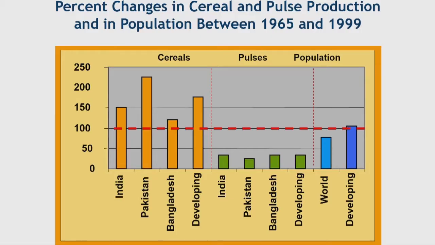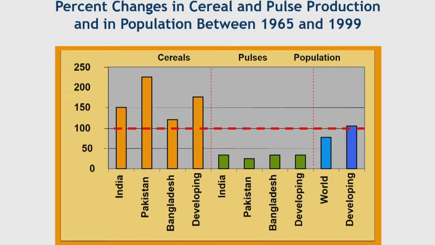So I want to talk about what's been happening in agriculture, what's been happening to food prices over the last 50 years. If you see this diagram here, that dashed red line is a 100% increase between 1965 and 1999, a doubling. That blue bar is the developing country population.